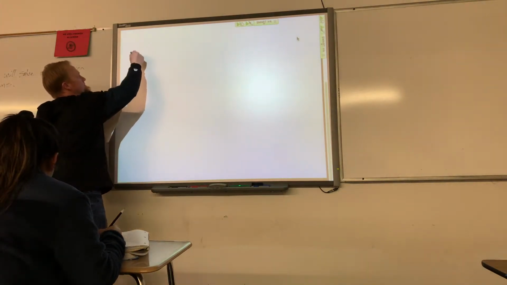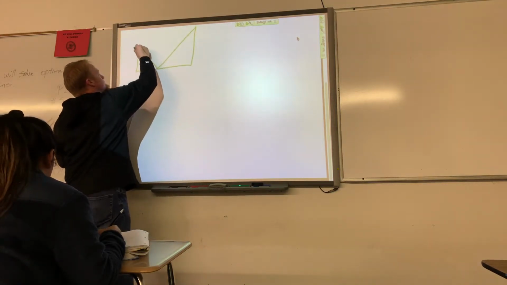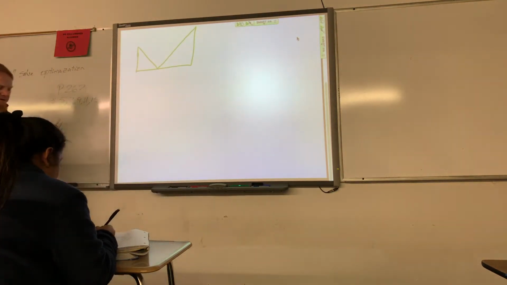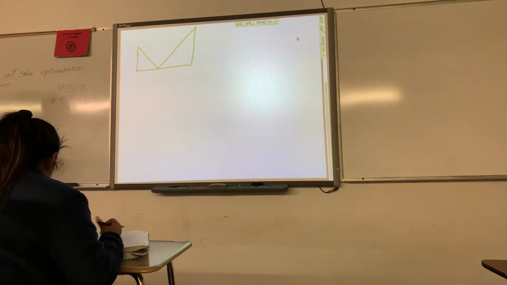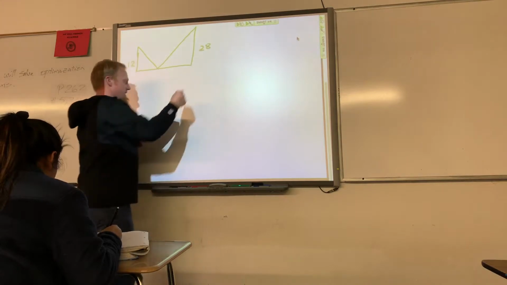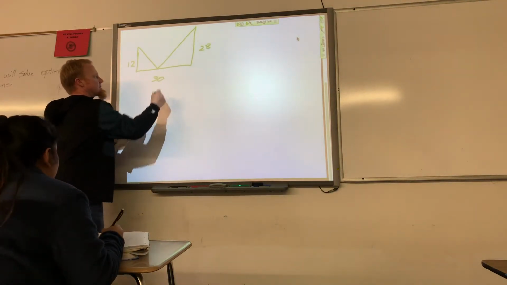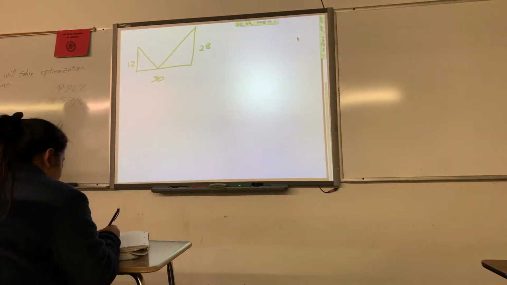Alright. So example 4 says 2 posts, one 12 feet high, the other one 28 feet high, and they stand 30 feet apart. And they are to be stayed by 2 wires.